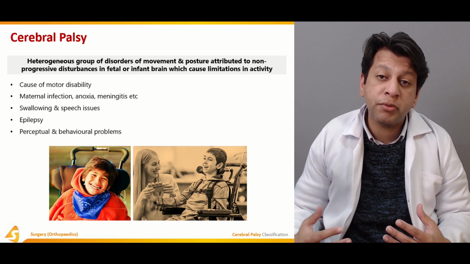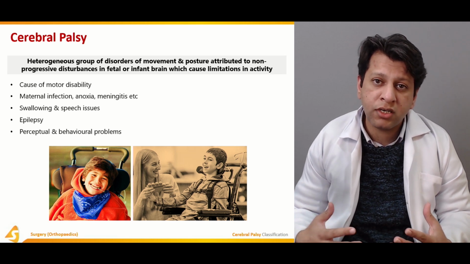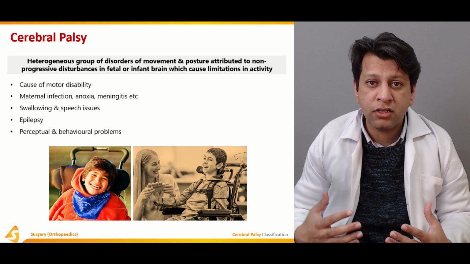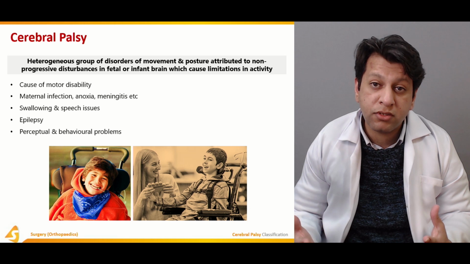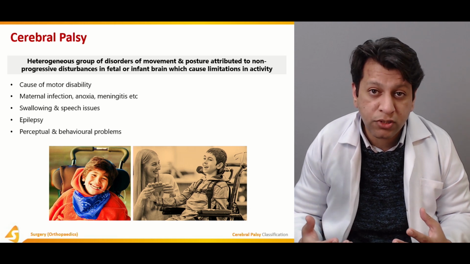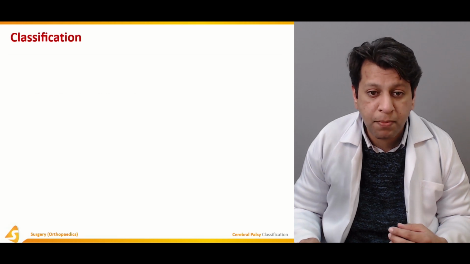Sometimes they need special instrumentation so that they can at least sit and care for their hygiene and other issues. But sometimes with quadriplegia, that is not even possible, so they are very dependent upon the mother.